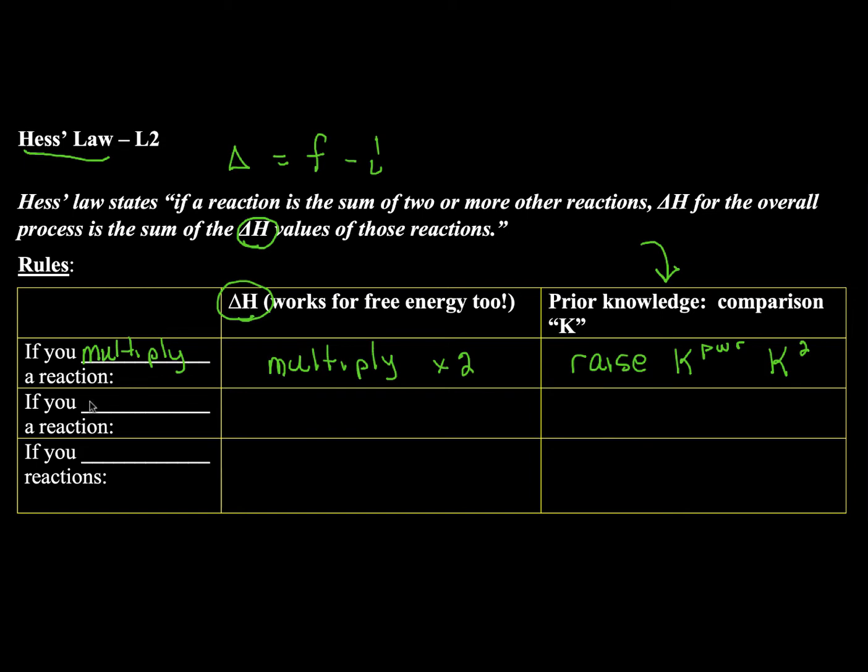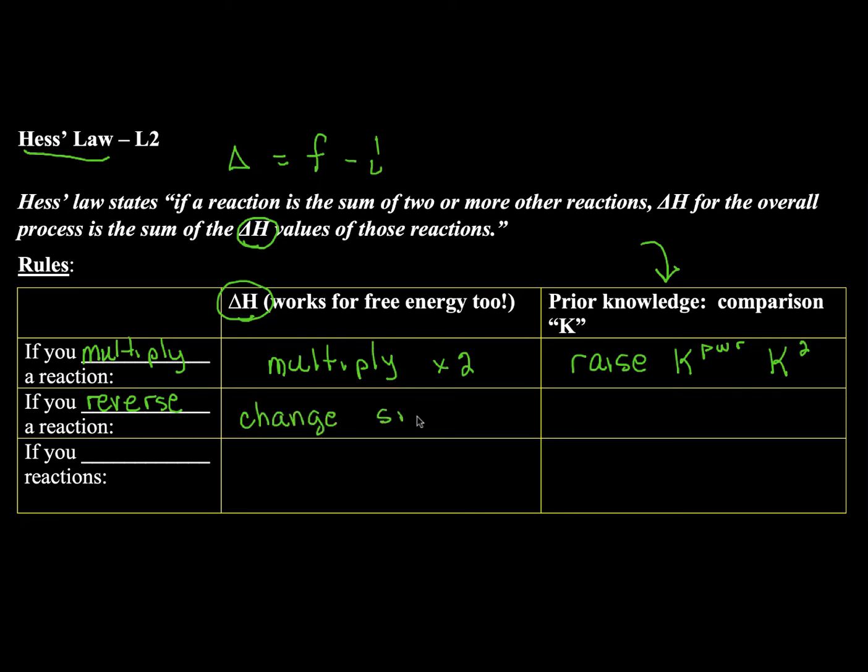Okay, now if you reverse a reaction, make what is products become reactants, and you have to do that by literally rewriting the reaction, so the products are now represented as the reactants, then what you do with enthalpy is you change the sign.